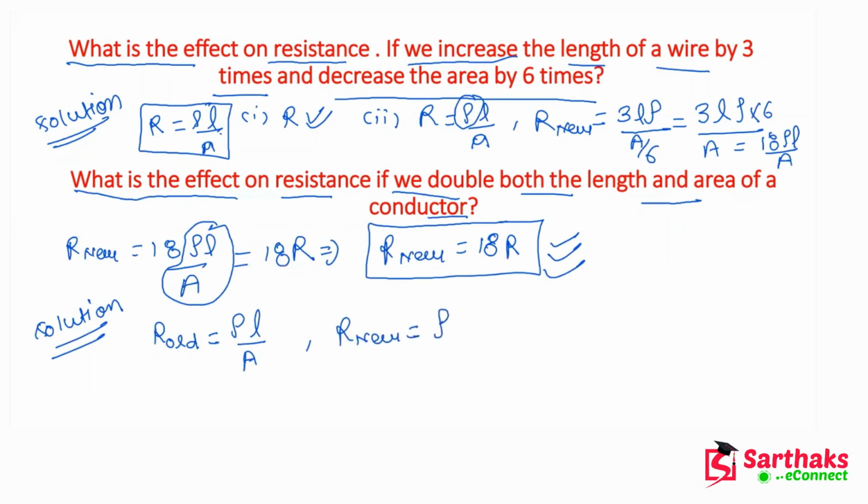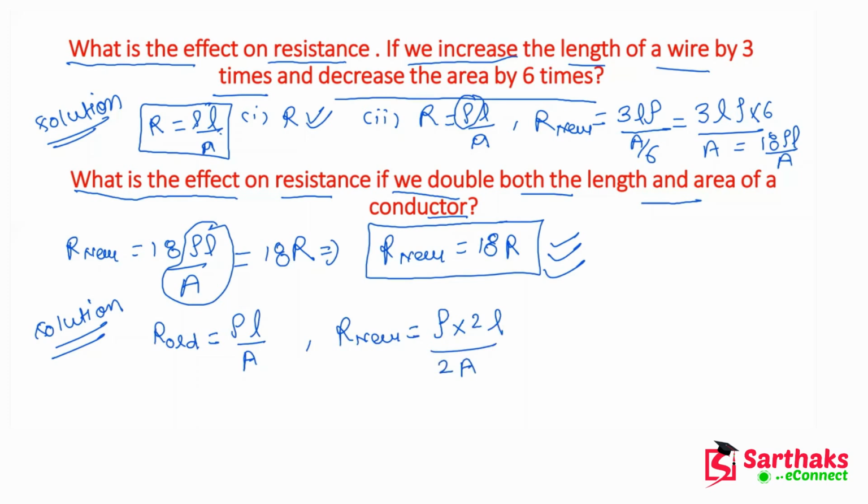This will be rho, because resistivity cannot be changed until we change the material. So rho will remain the same, but the length is being doubled, so instead of L, I can write 2L. And we also double the area of the conductor, so in this case the area will also be doubled.